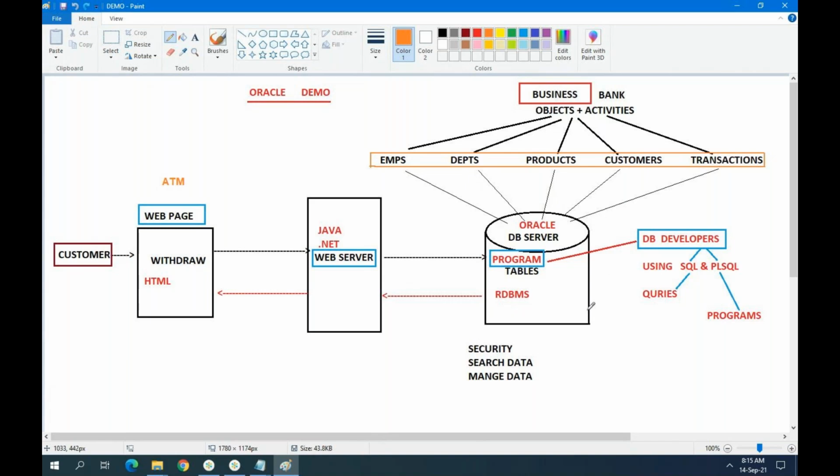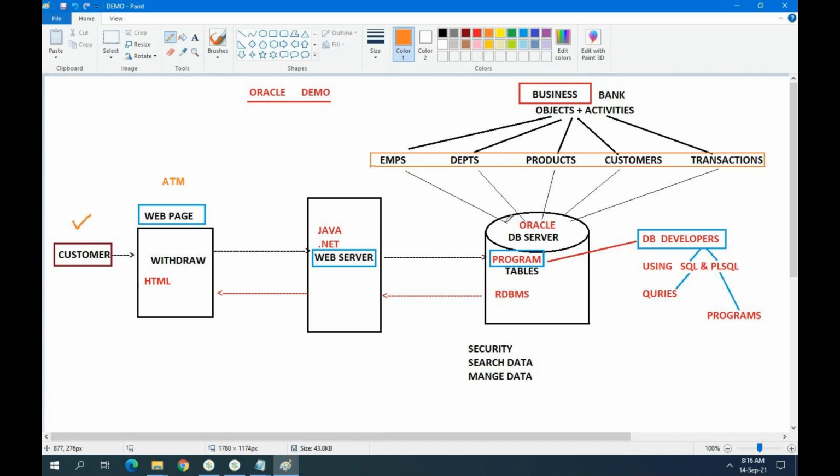For the business we have some advantages. What are the advantages to the customer of the business? At any time the customer can communicate with the business. First point, business visibility to the customer is easy. Business availability is easy.